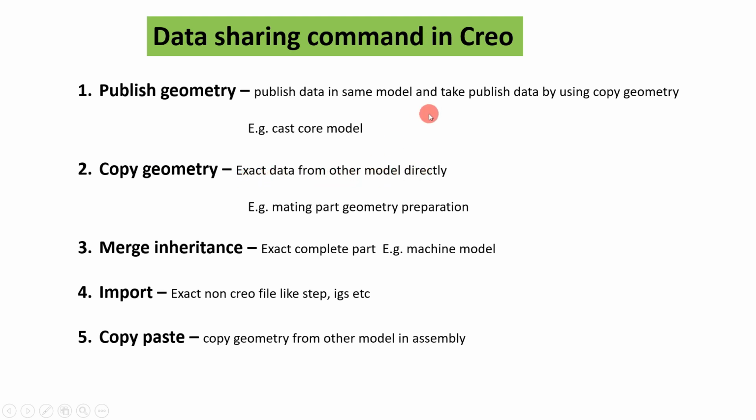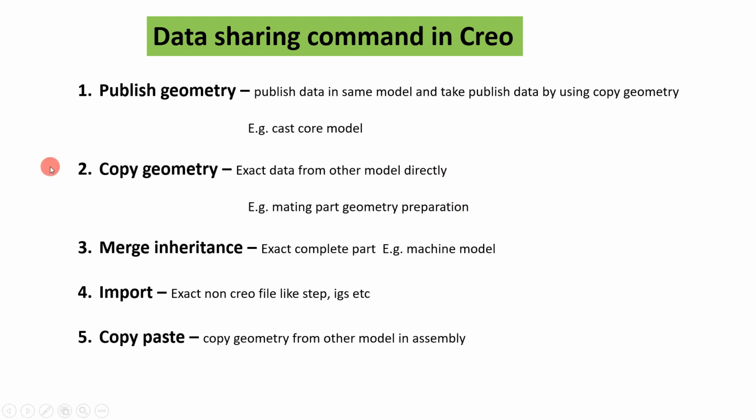We use copy geometry for mating part geometry preparation. Suppose two parts are mating and I want the mating surface in the current part to model the mating part. At that time we can copy that surface.